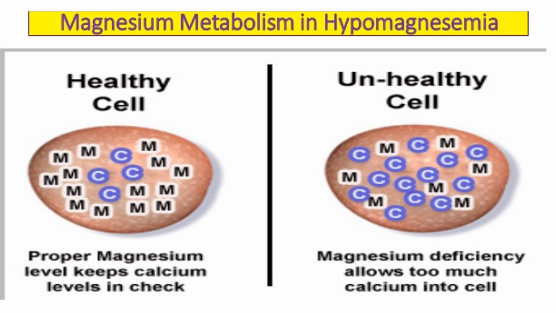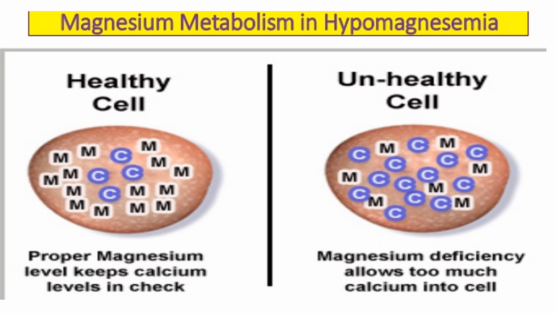But what happens in an unhealthy cell, where there is a magnesium deficiency? Fewer magnesium ions are intracellular and more calcium is there. Hypomagnesemia: emia means blood and hypo means less.